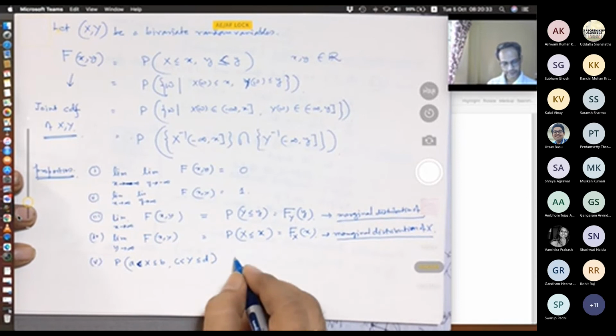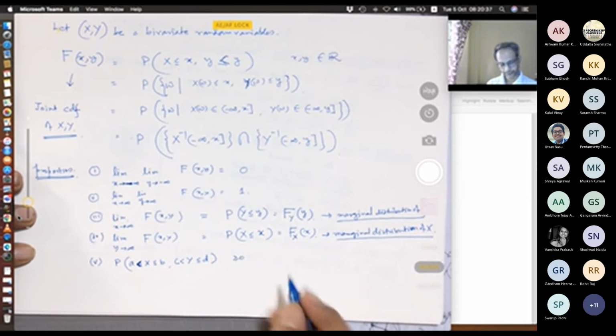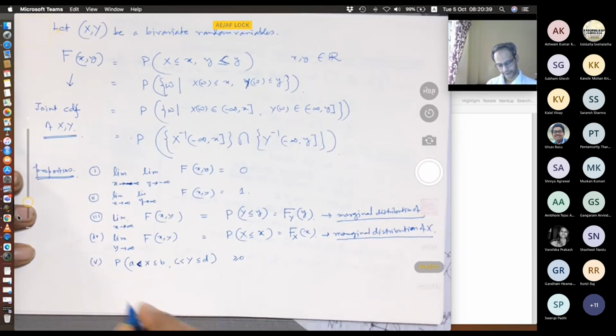And this probability is typically greater than or equal to 0, that we all know, because it is a probability. So now this thing we can express in terms of CDF. How can you express it in terms of CDF?